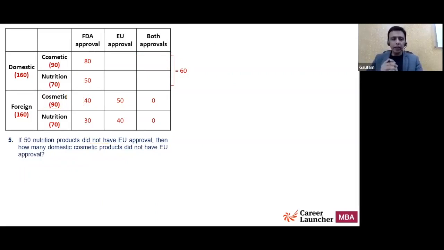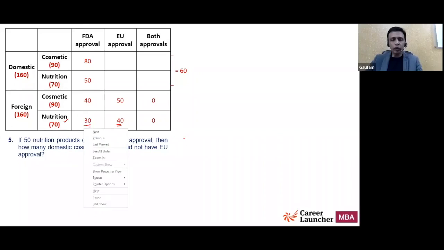So coming to the last question of this set, this slot 2 of CAT 22. The last question talked about there were 50 nutrition products that did not have EU approval. Now, if we need to look down for 50 products that did not have EU approval. Now, nutrition made total 70 है. If we can figure out easily that 40 had EU approval, so 30 had not EU approval.